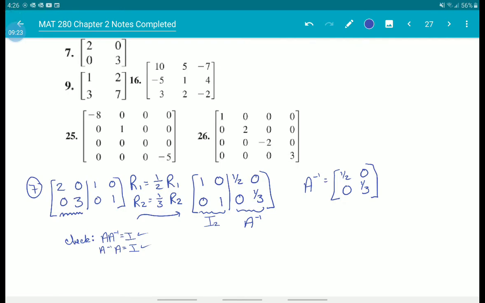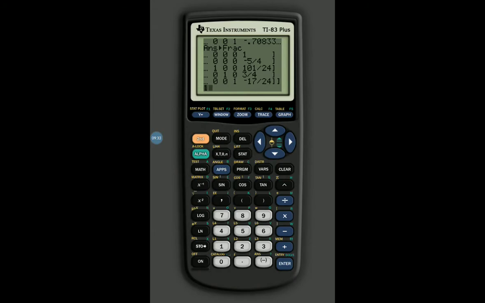Your calculator also can find the inverse if we were to type this in. So we're going to go second matrix, edit. This was a 2 by 2. There it is. I'm going to go back to the home screen, hit second quit. Then we're going to go second matrix, math.